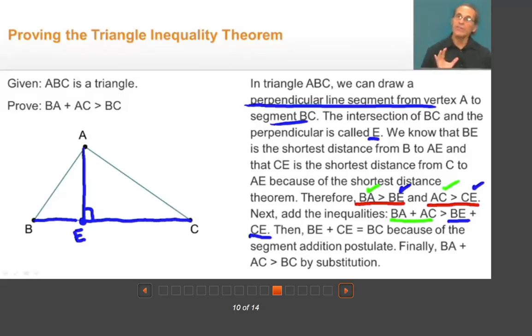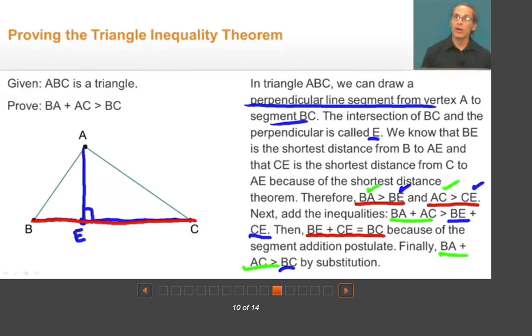And the segment addition postulate simply says that BE plus CE is equal to BC. So I'm just going to make that substitution. And when I make that substitution, I end up with BA plus AC is now greater than BC.